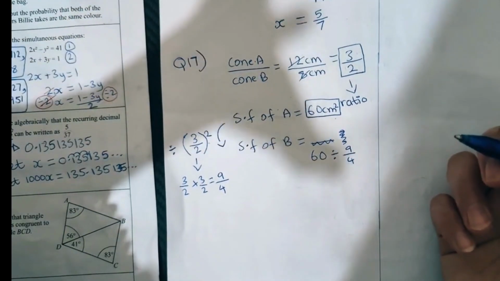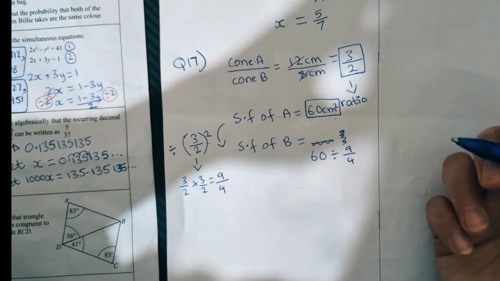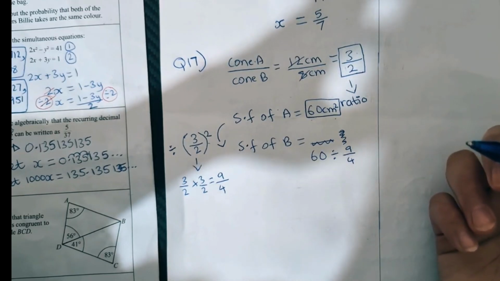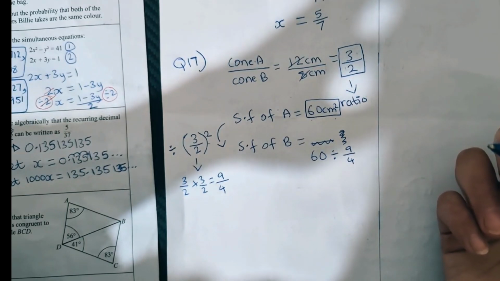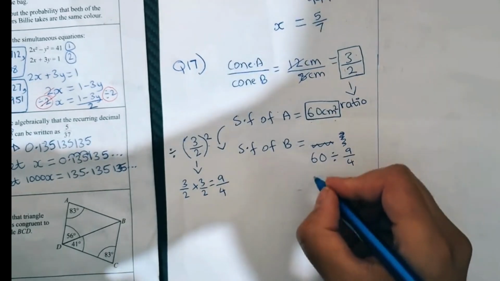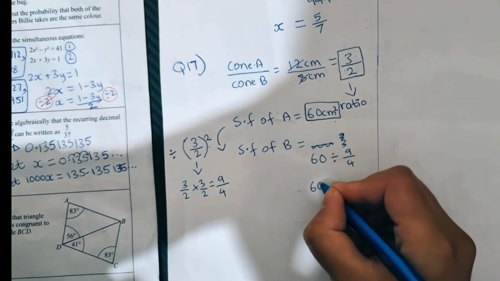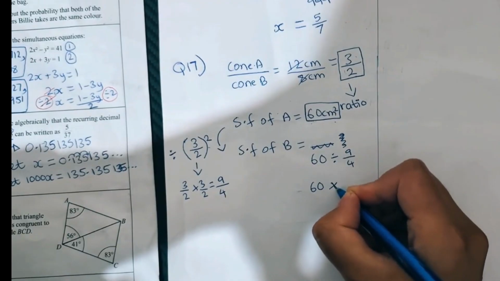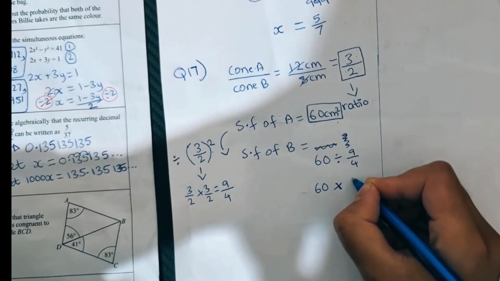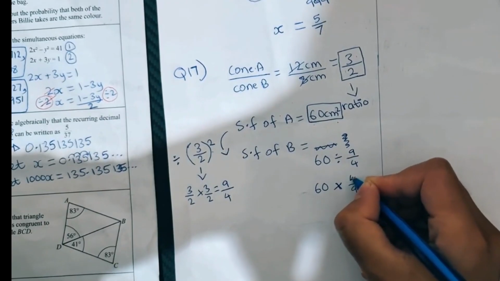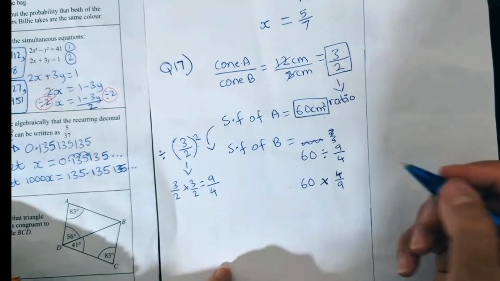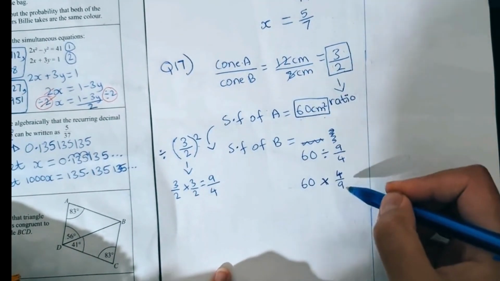How do we divide with fractions? You might all remember the KCF method: keep, change and flip. So we're going to keep the first number as it is, as 60, change the sign, it becomes times, and flip the last fraction, so it becomes 4/9. Now when I do that, I can easily cancel out my numbers.